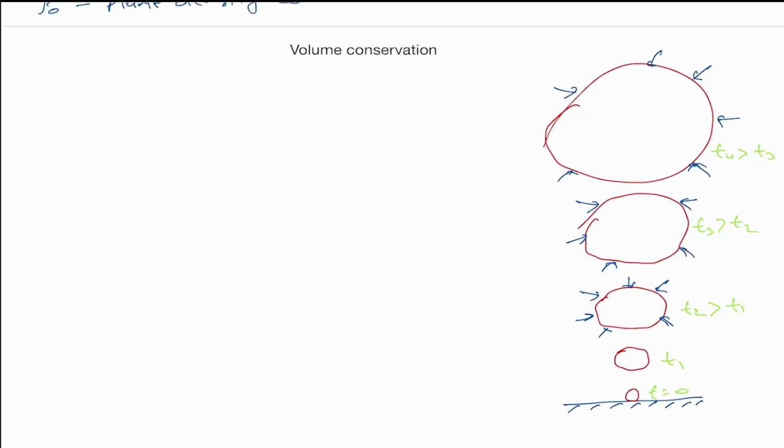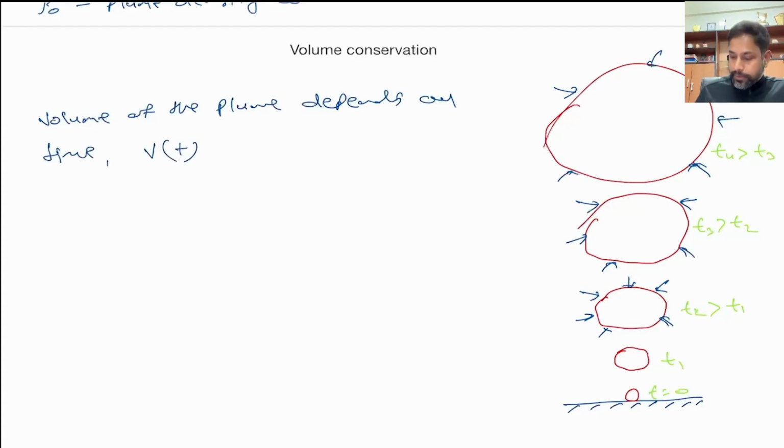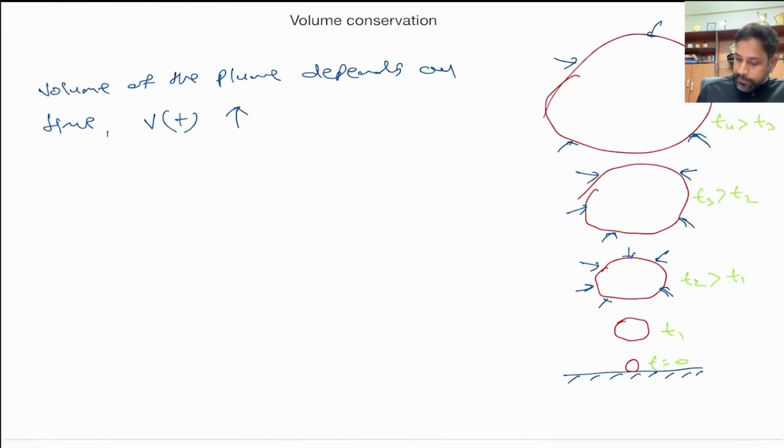Okay, so volume conservation. The volume of the plume depends on time. So let's define that as V as a function of time, and that actually increases with time, right?